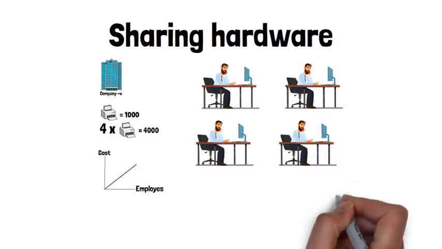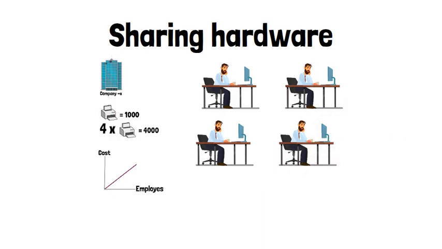Assume we have company X, which does not have a network. This company has 4 employees, and of course, each employee has a computer to work on. The employees need to print documents, so each employee must have their own printer. If one printer costs £1,000, then the company will pay £4,000 for 4 employees.